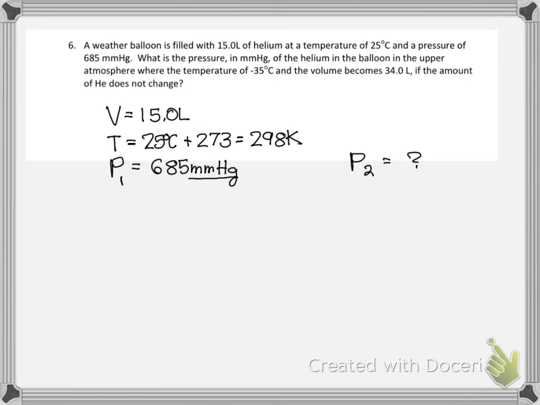If the helium in the upper atmosphere, where the temperature is negative 35 degrees, so negative 35 plus 273, is 238 Kelvin, and the volume becomes 34 liters.